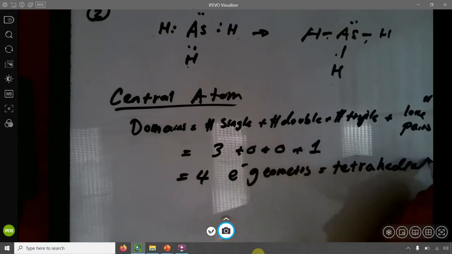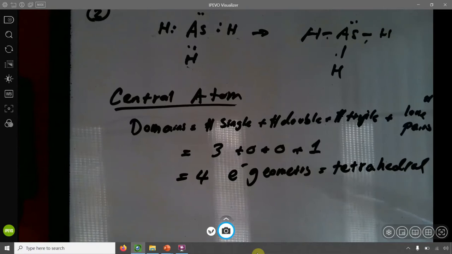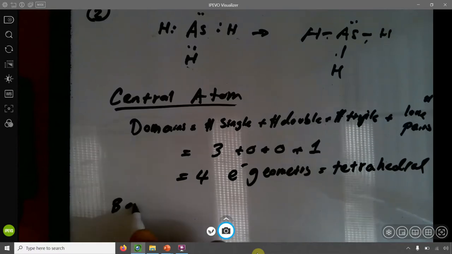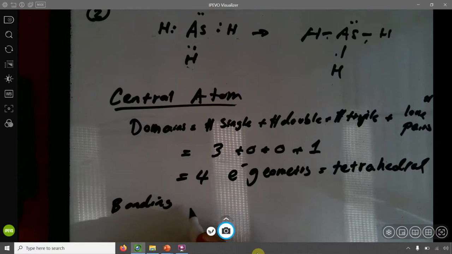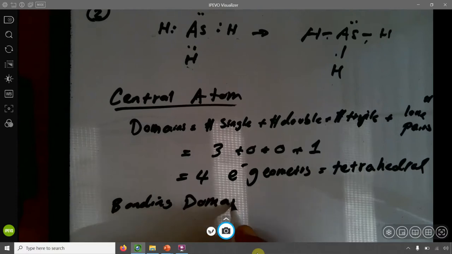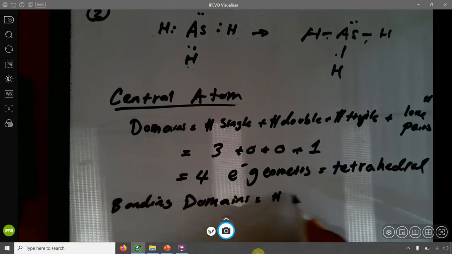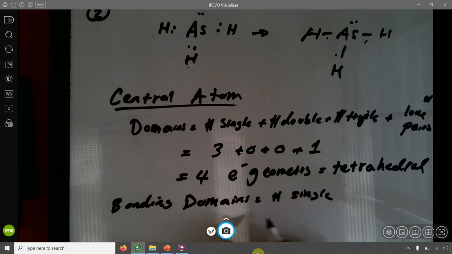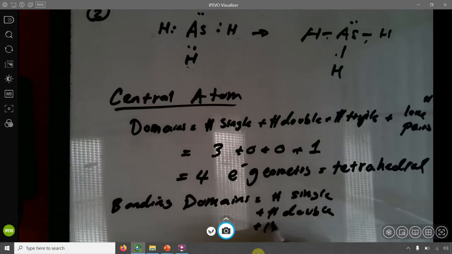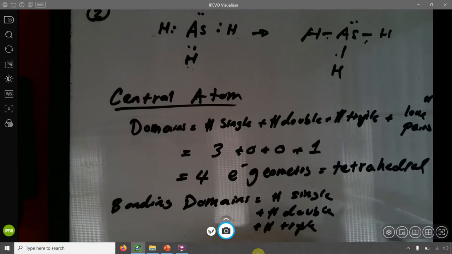Great. Now I want to determine my molecular geometry. That's the more important thing to me. So I'm going to look at bonding domains. Those are just the number of single bonds plus the number of double bonds plus the number of triple bonds.